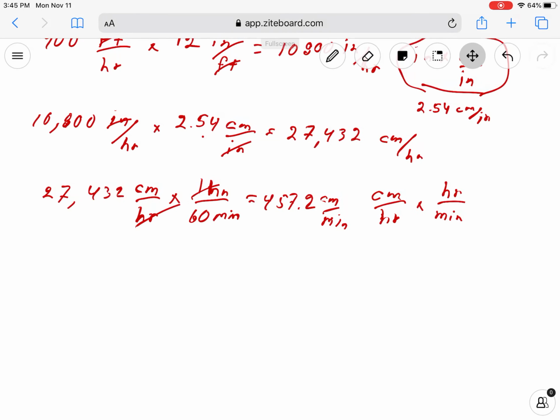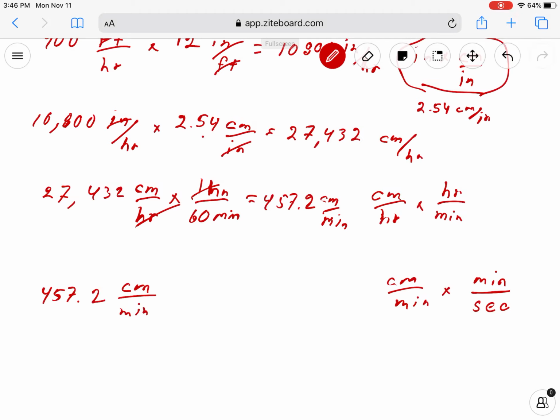And the same process one last time. So we have centimeters per minute, and we're going to multiply that by a minute per second, minutes over seconds, and so we have 457.2 centimeters per minute, and we're going to multiply that by 1 minute as 60 seconds.